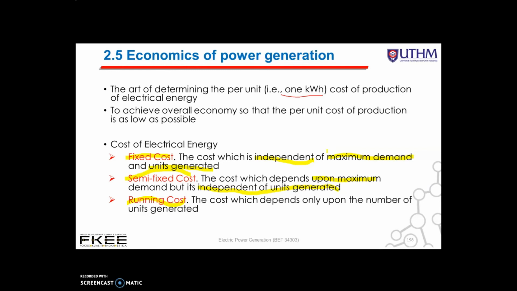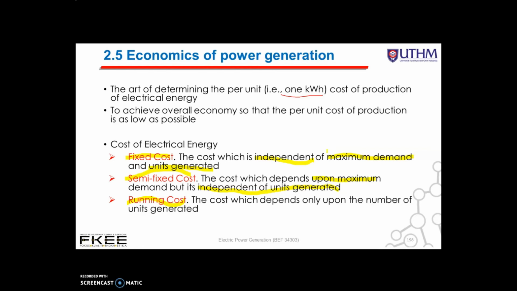The maximum demand on the power station determines its size and the cost of installation. So the greater the maximum demand on the power station, the greater the size and also the cost of installation. That is the semi-fixed cost.